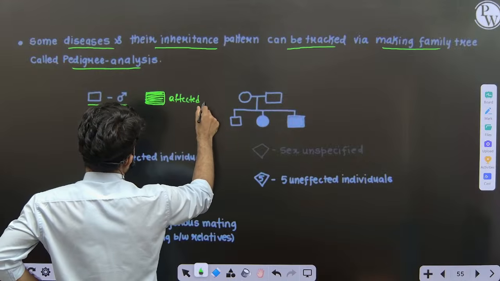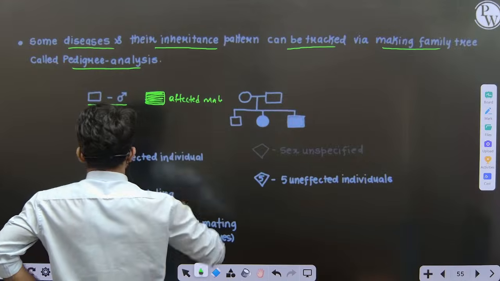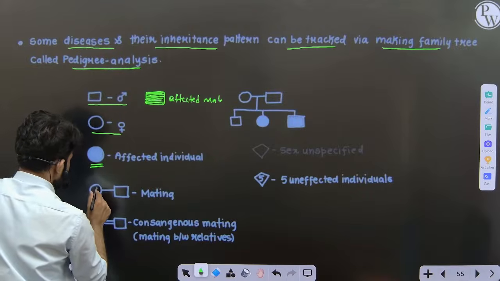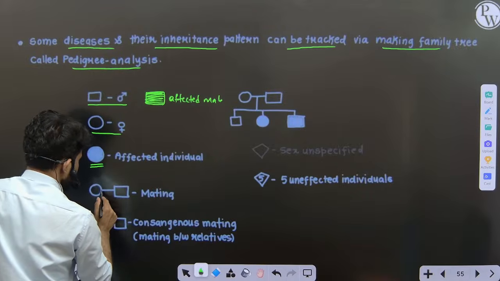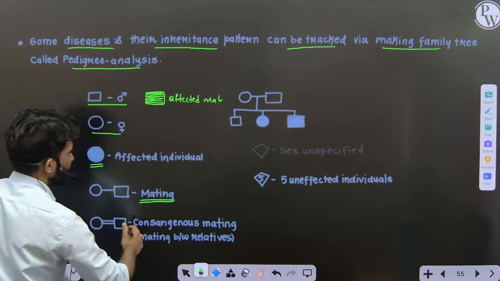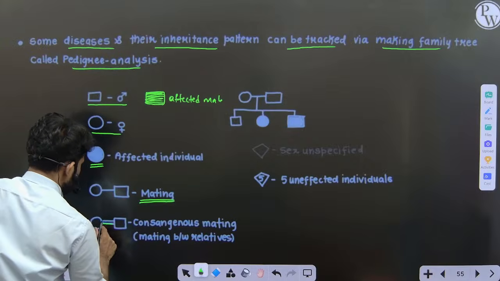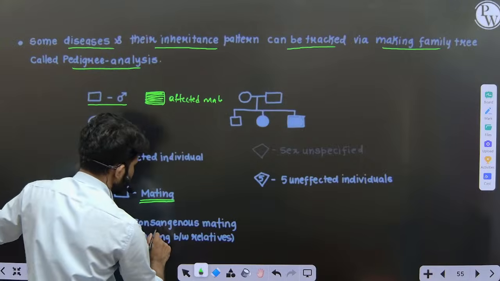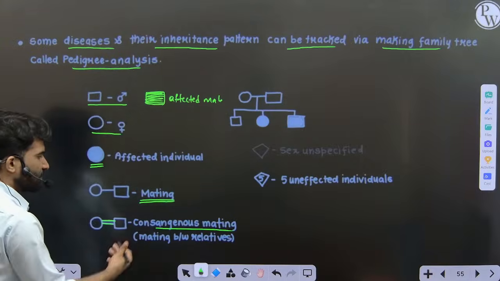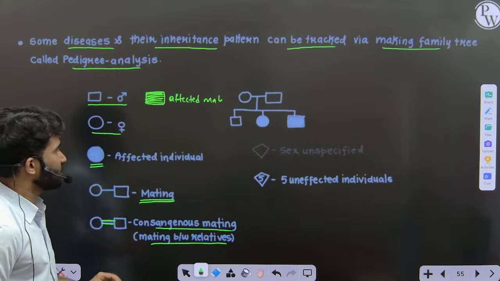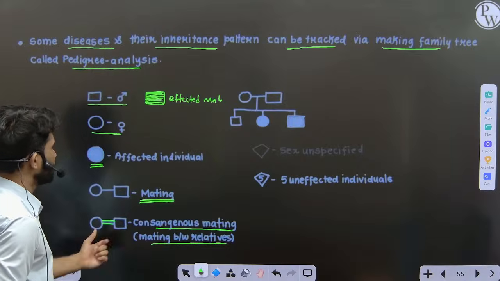The circle and square connected indicates mating between the two individuals. If it is indicated with two lines, that is called consanguineous marriage, or mating between relatives.